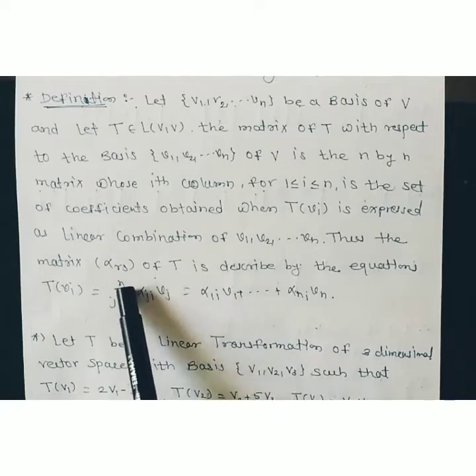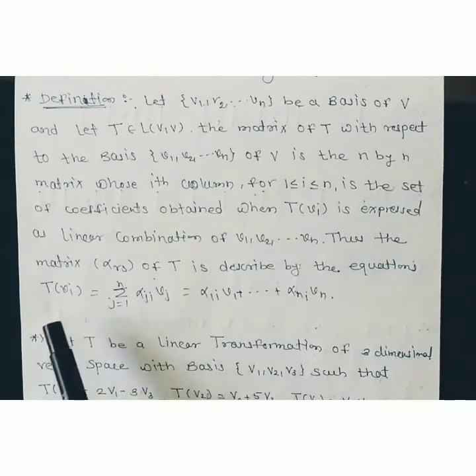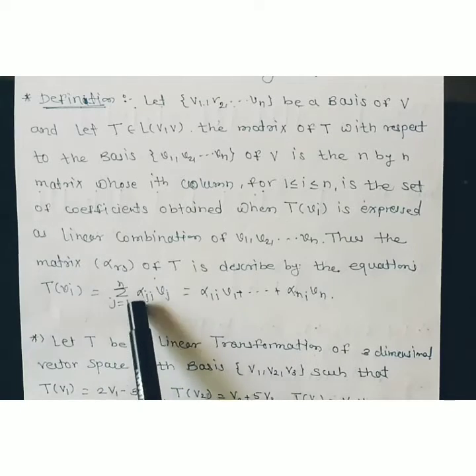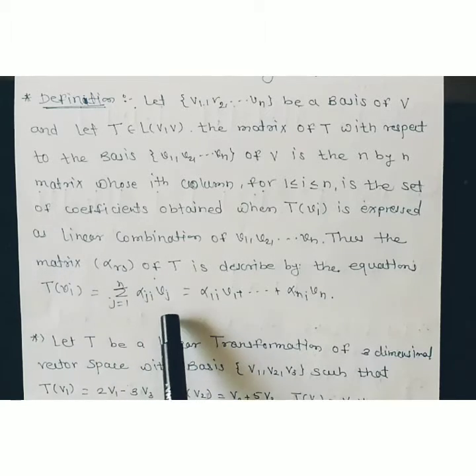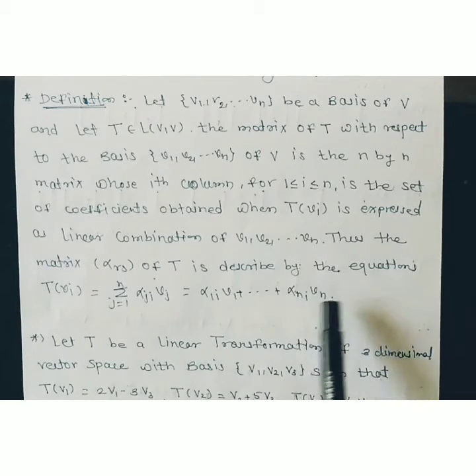Thus the matrix (alpha rs) of T is described by the equations T(vi) = summation j running from 1 to n of alpha ji vj, which is equal to alpha 1i v1 plus so on plus alpha ni vn.